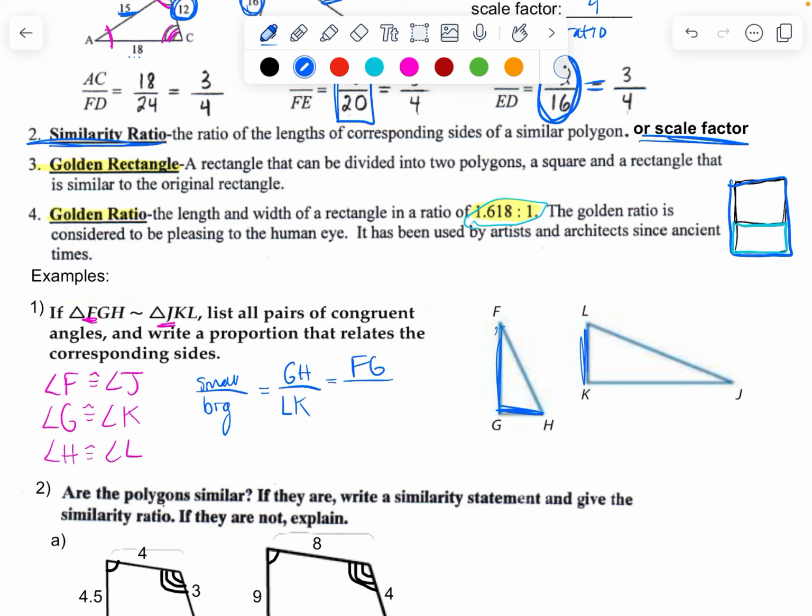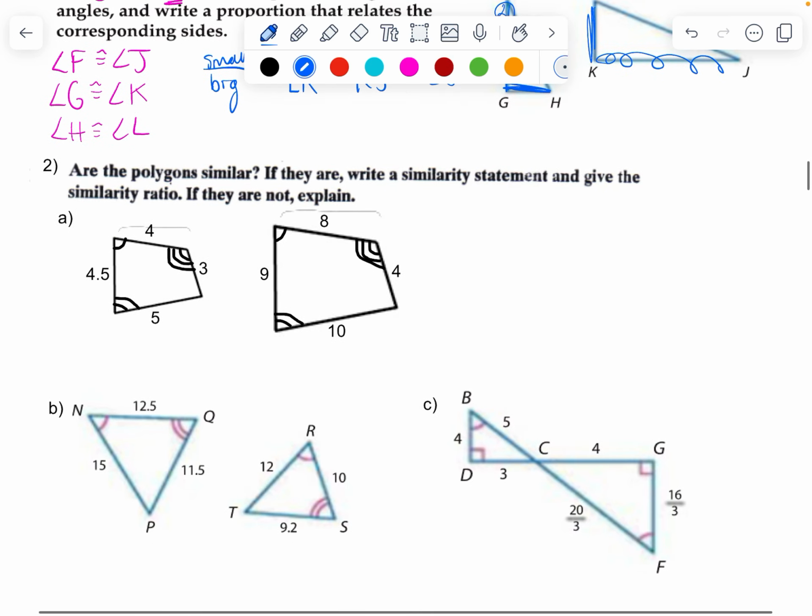And then FG with KJ, and then finally FH with LJ. So it takes a while, but it's not the worst thing. Okay, and these are all segments, so I almost forgot that.